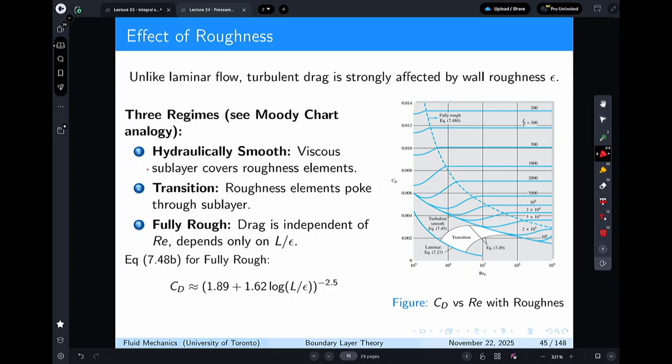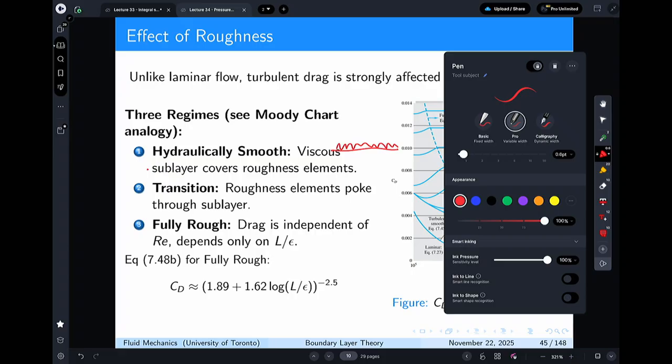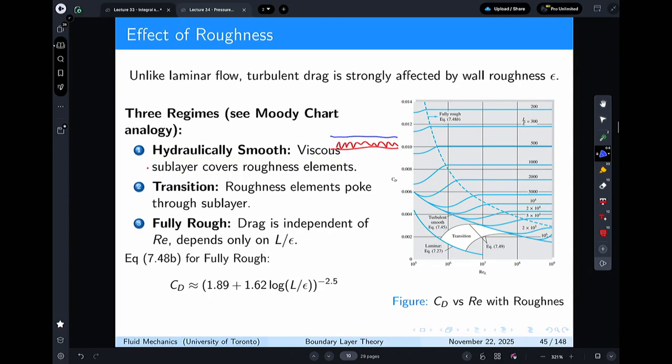So 3 regimes, one which is hydraulically smooth. And again, if you're looking at a hydraulically smooth area, you have roughness elements there that may be some height. But the roughness elements are not going to be as thick as the boundary layer or the viscous layer.